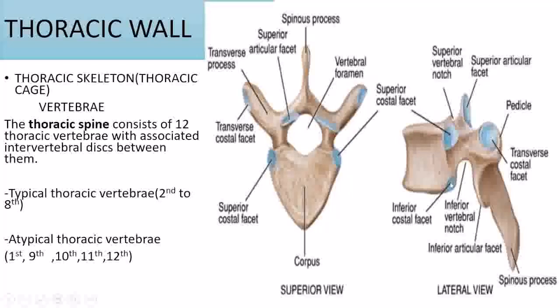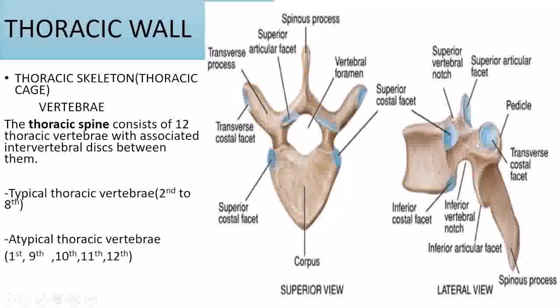superior costal facet, inferior costal facet, and transverse costal facet. You notice that there is a superior demi facet that will articulate with the superior articular facet of the rib, and then there is an inferior costal facet that will articulate with the inferior articular facet of the rib of corresponding number.